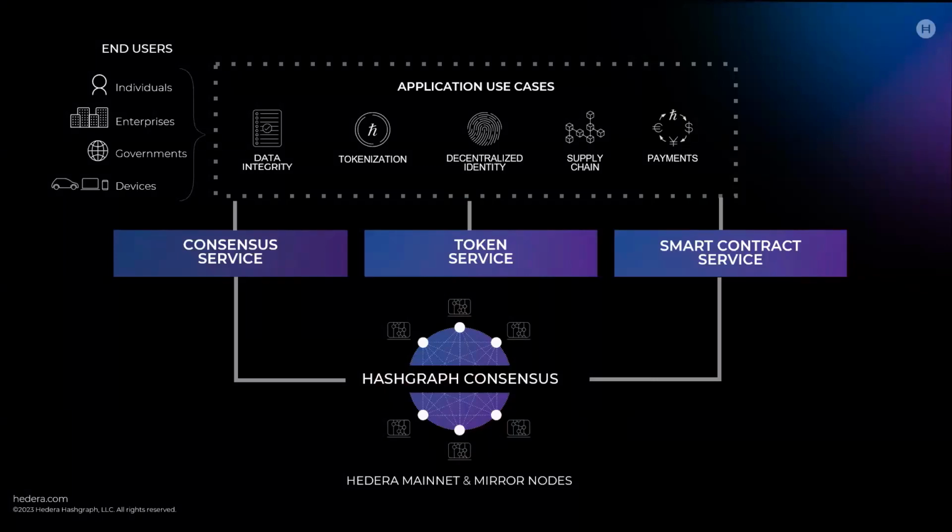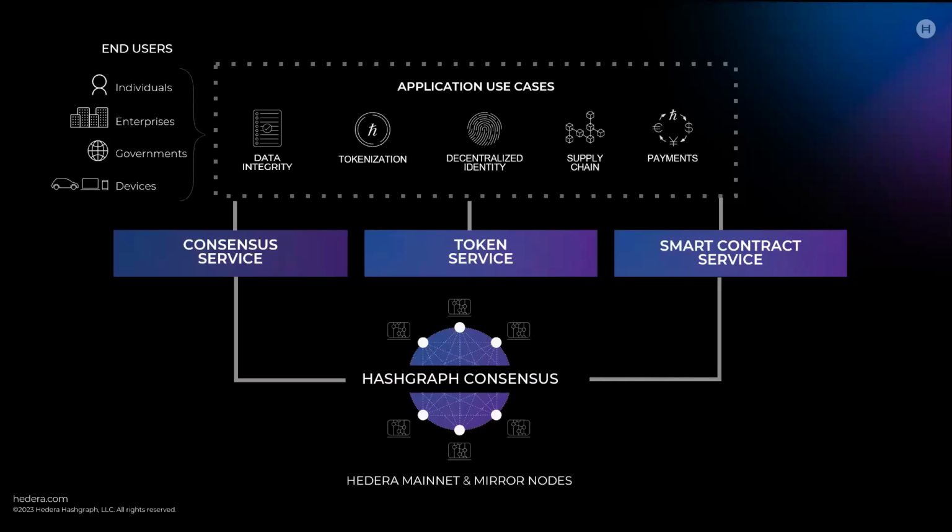But we expose a lot of that innovation of this Hashgraph consensus algorithm through these services that are easy to use for developers via SDKs and APIs. So we have a service for consensus. You can think of this as a public notarizing or timestamping service that allows you to create immutable, traceable, verifiable logs.